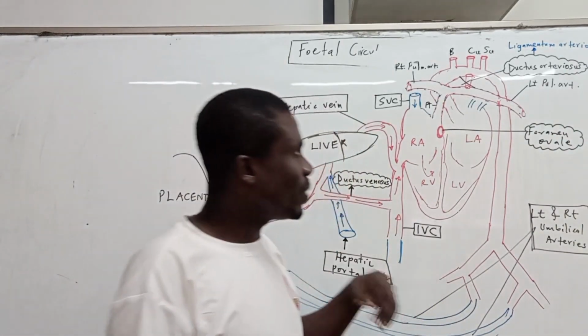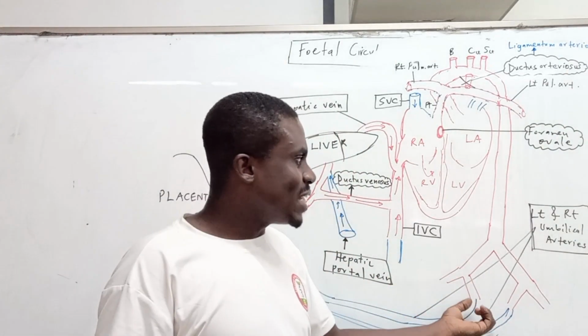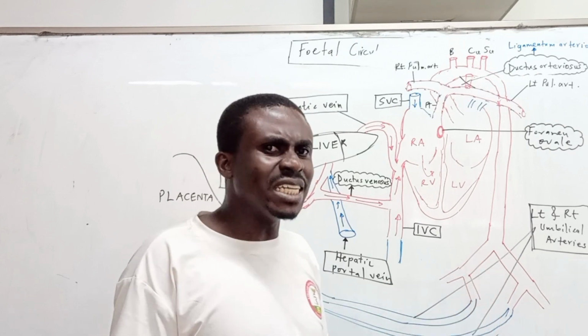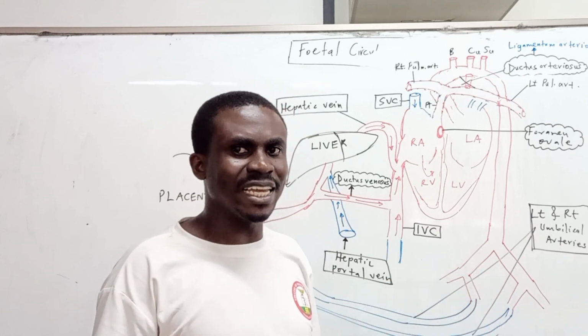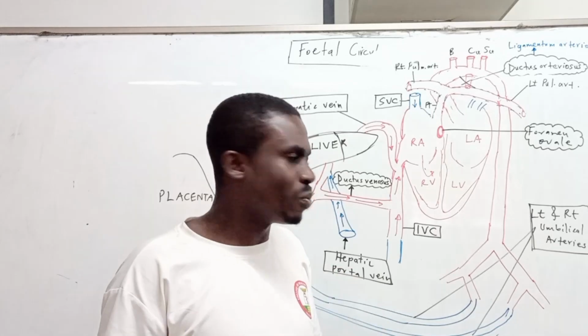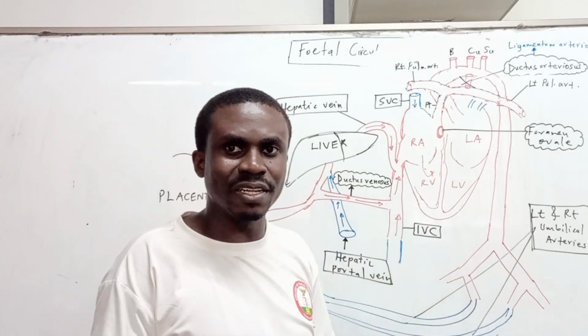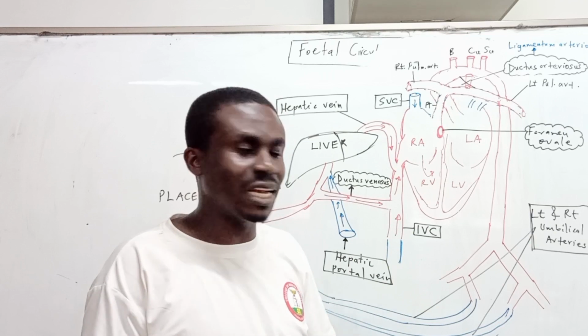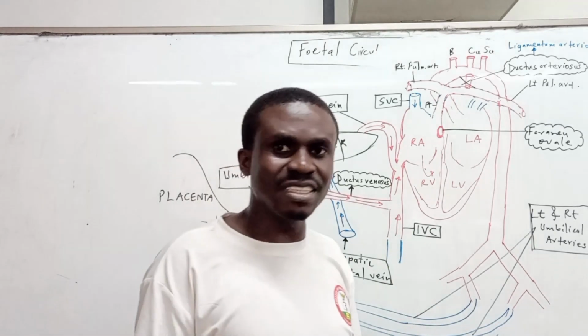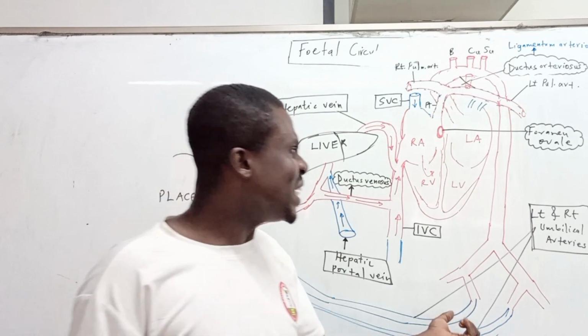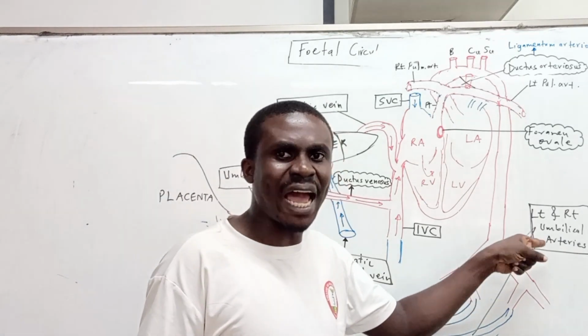Okay, good. Now what else happens? Down here, we don't need the blood to get to the placenta again. For this reason, that oxygen poor blood will not be getting to the placenta, it's going to the lungs for pulmonary ventilation to take place, and eventually at the level of the alveolar capillary bed, the exchange will take place there. And so we don't need these left and right umbilical arteries.